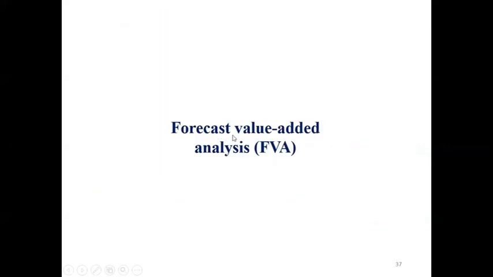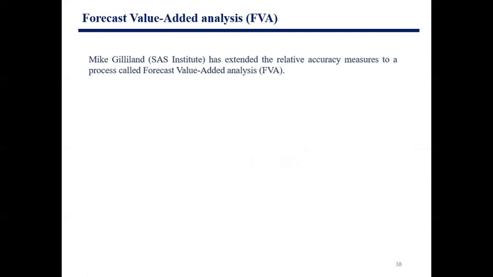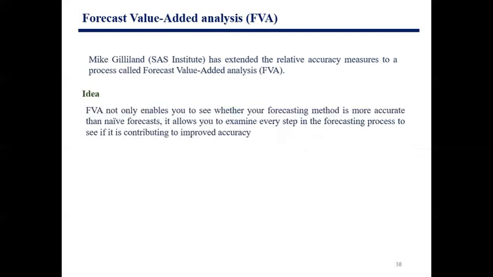And after that, the forecast value added analysis is an extension of the relative percentage errors idea. It was proposed by a researcher from the SAS Institute. Here, instead of applying the relative percentage error just one time, this researcher proposed to apply it to the whole forecasting process.